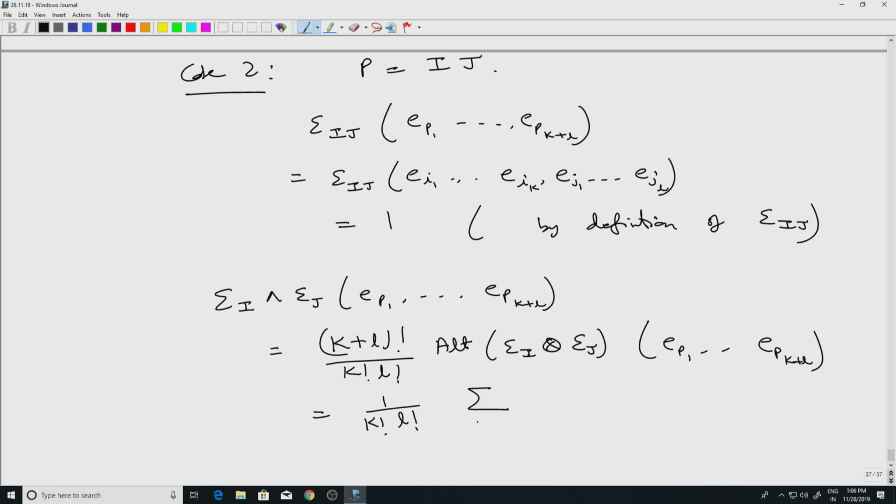So sum over sigma belonging to S_{k+l} of sign sigma. Then here I have epsilon I acting on e_{p_σ(1)}, e_{p_σ(k)}, multiplied by, so I've already used the definition of the tensor product when writing this step, epsilon J on e_{p_σ(k+1)}.